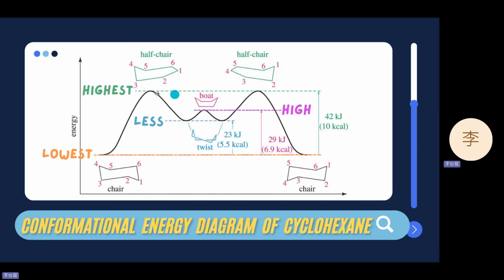Second is the half-chair form, an intermediate state as the chair form transforms to the boat form. This process leads to the highest energy point since the footrest is planar with the side of the molecule. That concludes my second point.